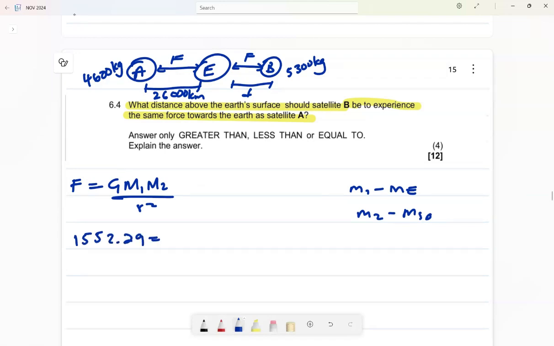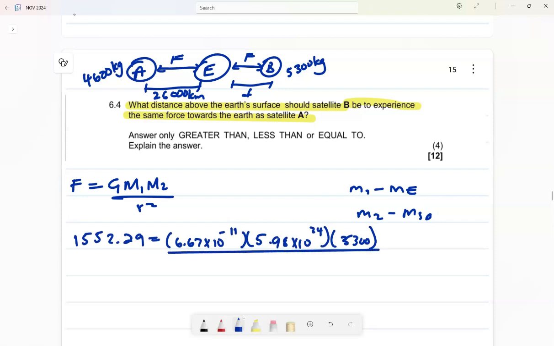G is the gravitational constant, which is 6.67 times 10 to the power of negative 11. The mass of the Earth is 5.98 times 10 to the power of 24, and the mass of this one is 5,300.